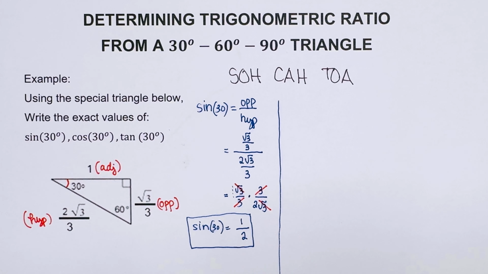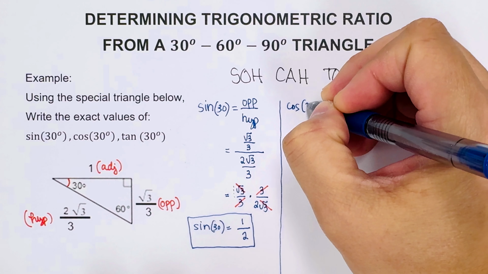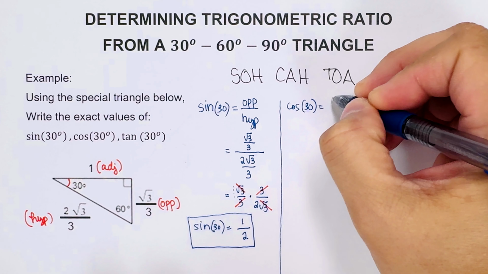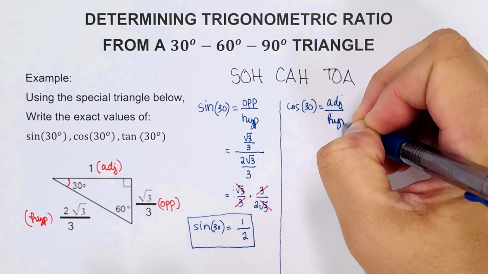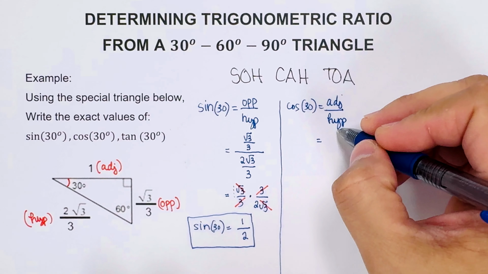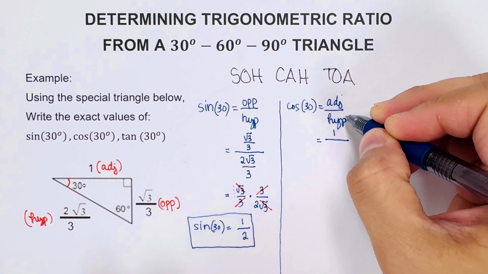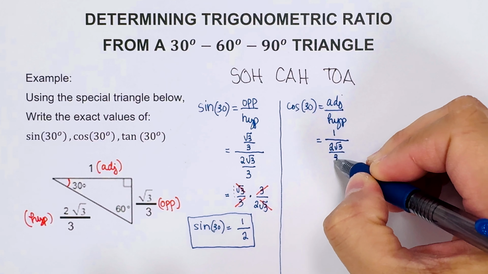Find the exact value for cosine 30. Okay, so let's go over the work for cosine 30 degrees. So I start by typing in the formula. That's cosine 30. That's CAH, that's adjacent over hypotenuse. So what I would do is type in the values. My adjacent here is 1 over the hypotenuse, which is 2 square root of 3 over 3.